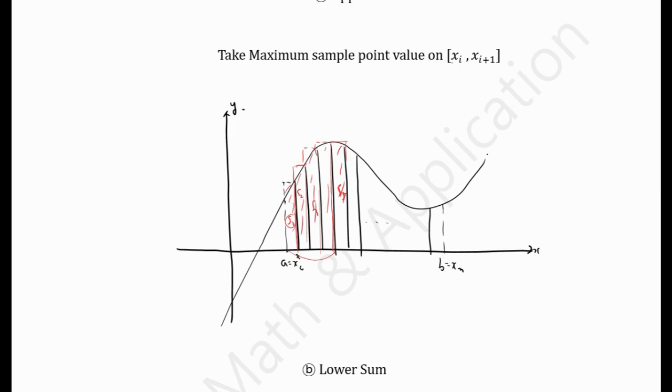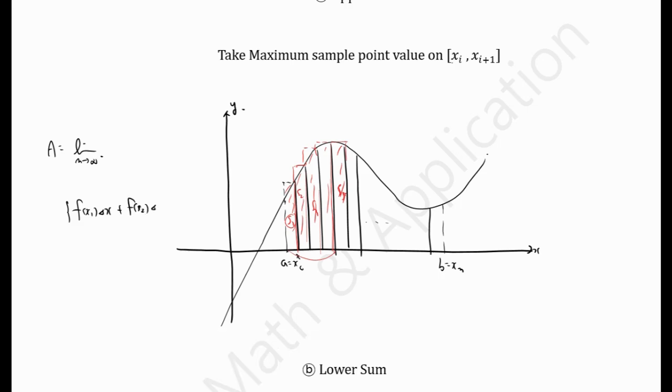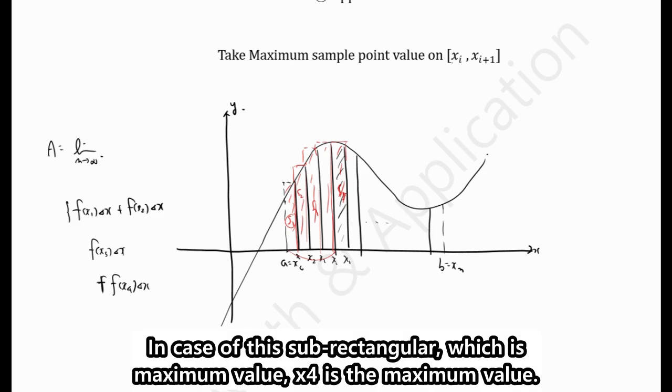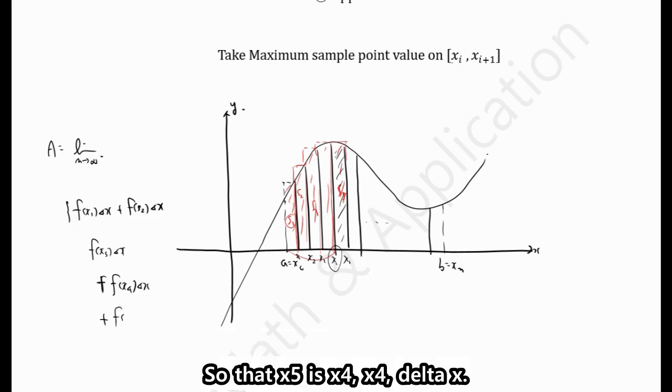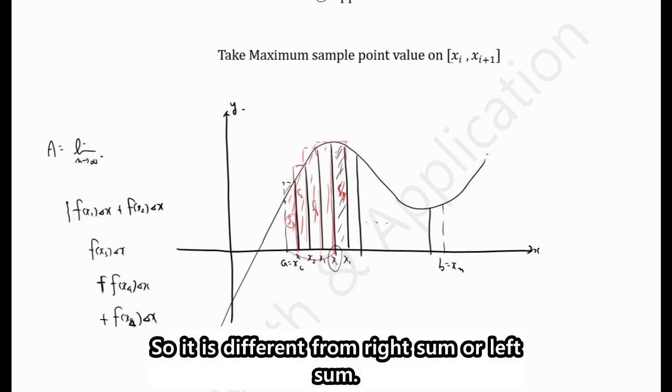It is the limit as n approaches infinity of f(x1) delta x plus f(x2) delta x plus f(x3) delta x plus f(x4) delta x, and so on. In the case of this subrectangle, x4 is the maximum value, not x5, so f(x4) delta x. So it is different from the right sum or left sum.